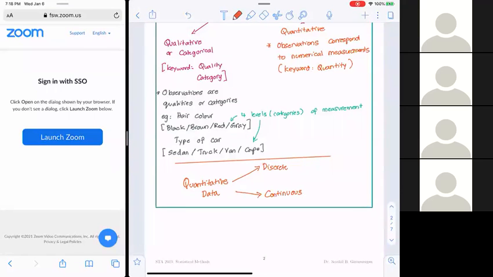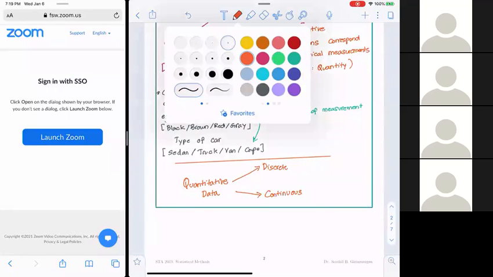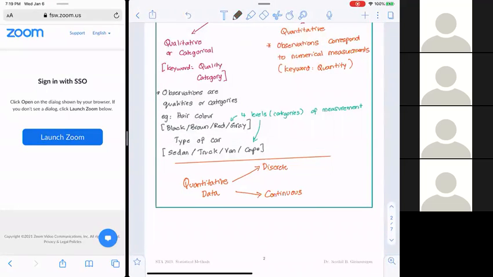Discrete type data are data where the observations are integers or whole numbers or discrete values. Continuous data, on the other hand, is a case where observations are real numbers.